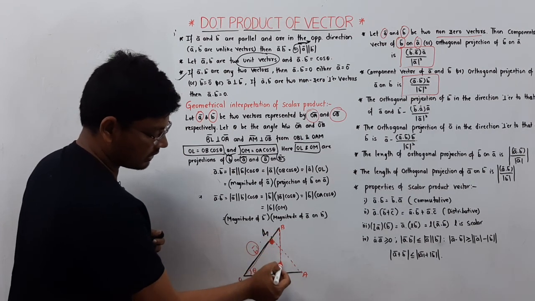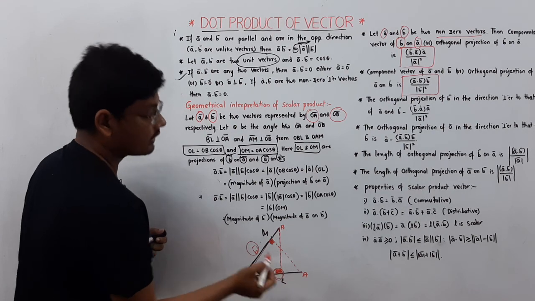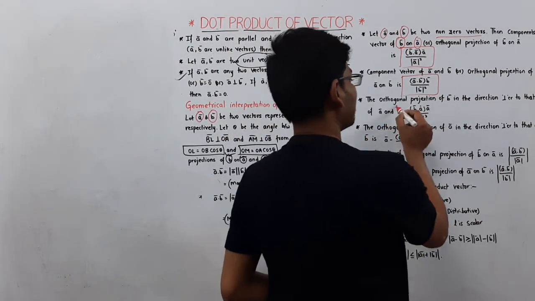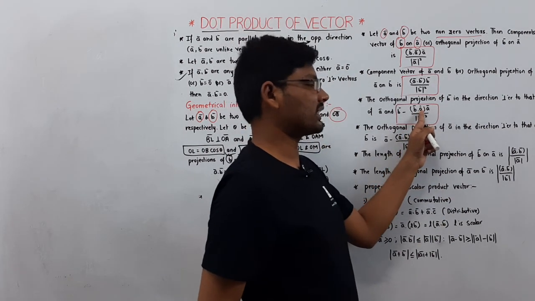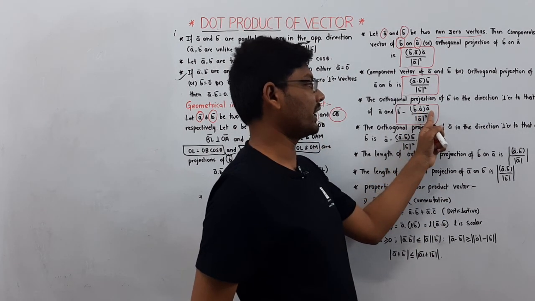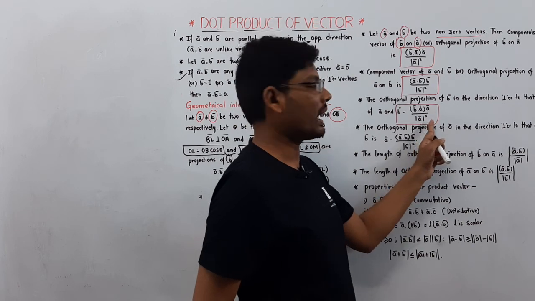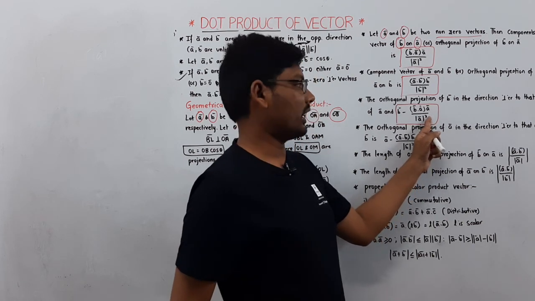The orthogonal projection of B bar on A bar, this is the formula for that one: B bar minus B bar dot A bar, the scalar product of two vectors, into the vector A again, divided by the magnitude square of the A vector.